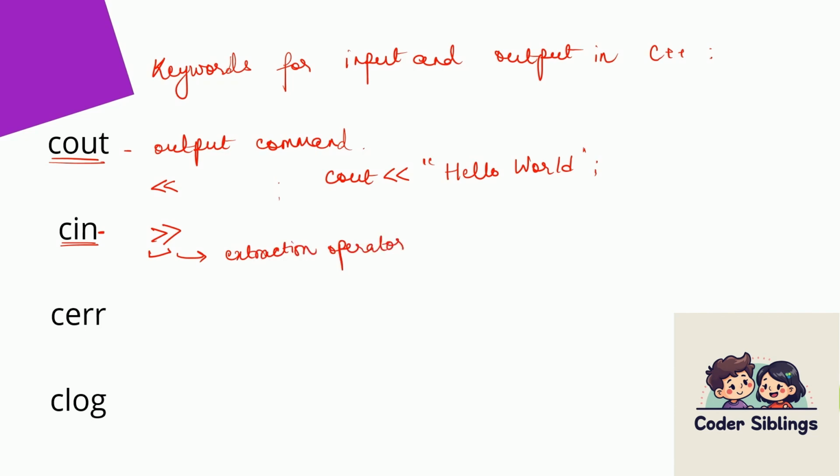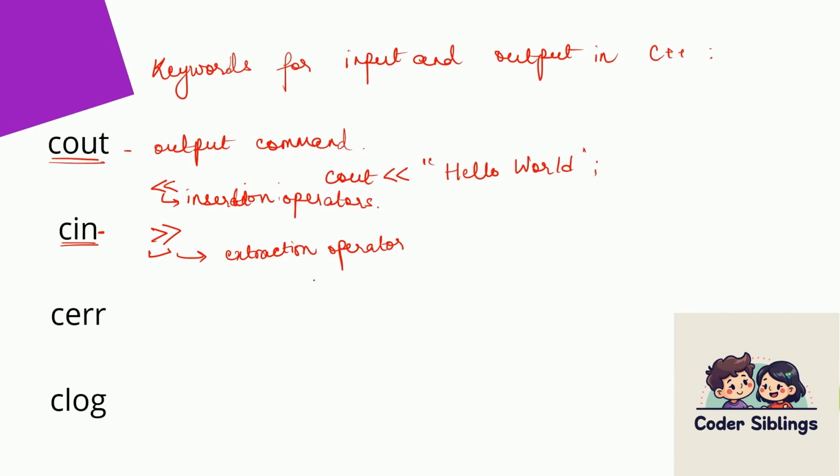Cout was being used with the insertion operator. So do remember the names of all these operators, because these are also asked in certain exams, and most people do not know it because they don't pay attention to certain small details. So please remember the names of these two operators that are used with input and output commands.